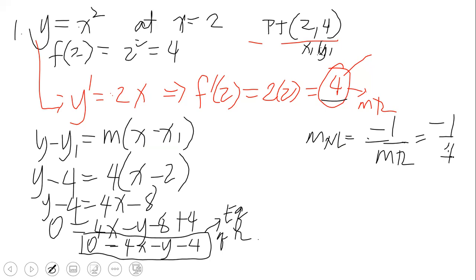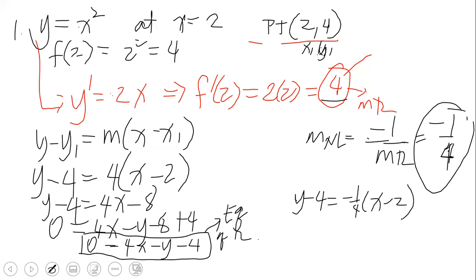That will be the slope of your normal line. So we substitute the values. So we have y minus 4 equivalent to negative 1/4 times x minus 2.